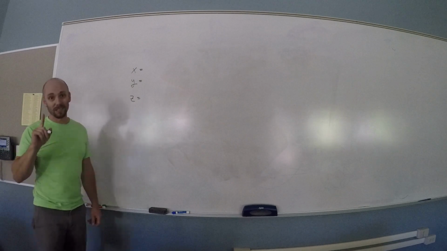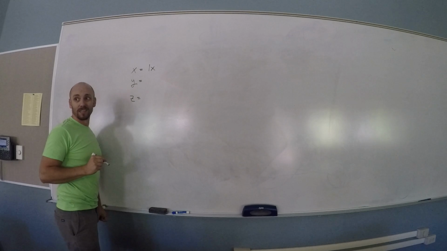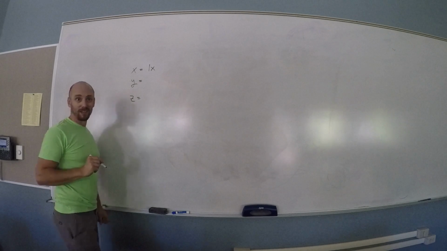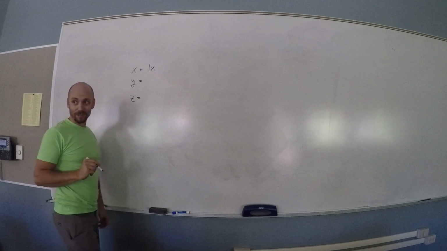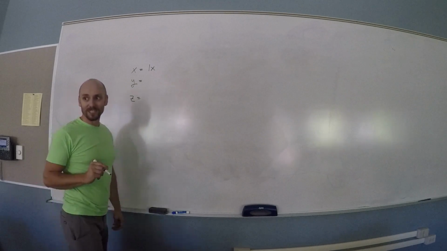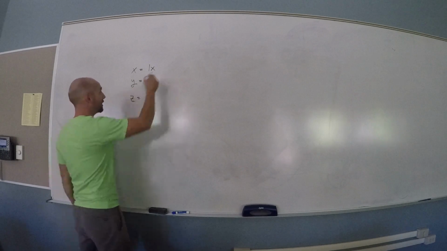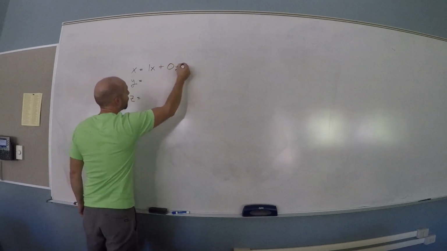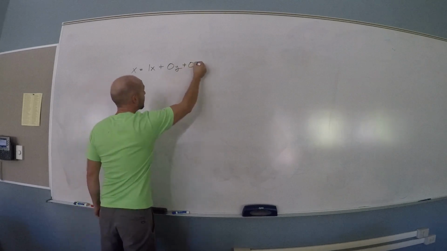X is x, so 1x, and how many y's? 0. Just from a self-evident standpoint, x is x plus 0 y's, plus, how many z's? 0 z's.